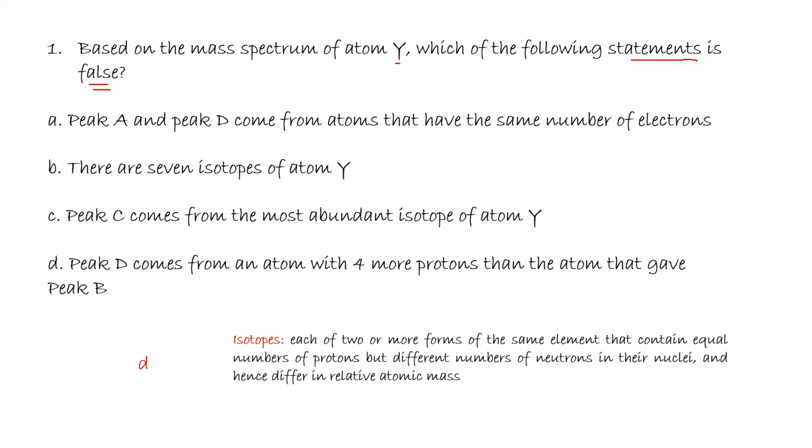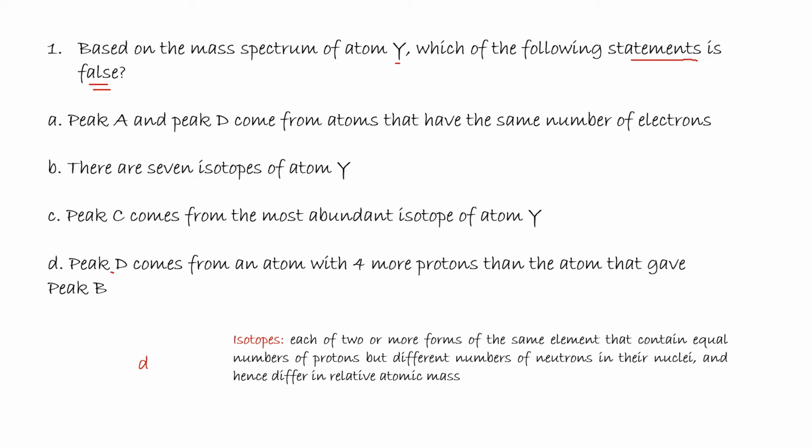Peak A and peak D come from atoms that have the same number of electrons. That's correct. There are 7 isotopes of atom Y. This is correct. Peak C comes from the most abundant isotope of atom Y. This is correct.